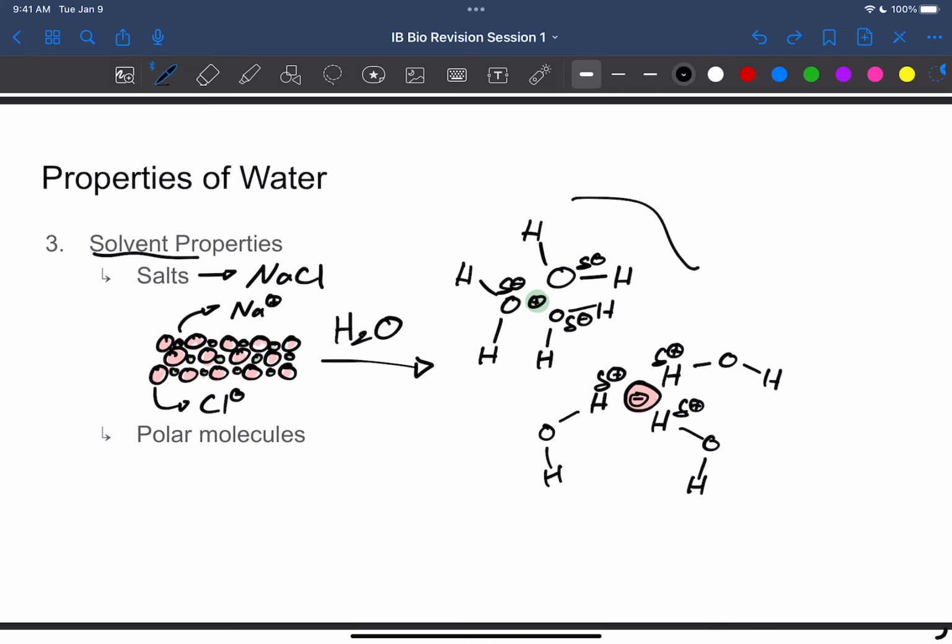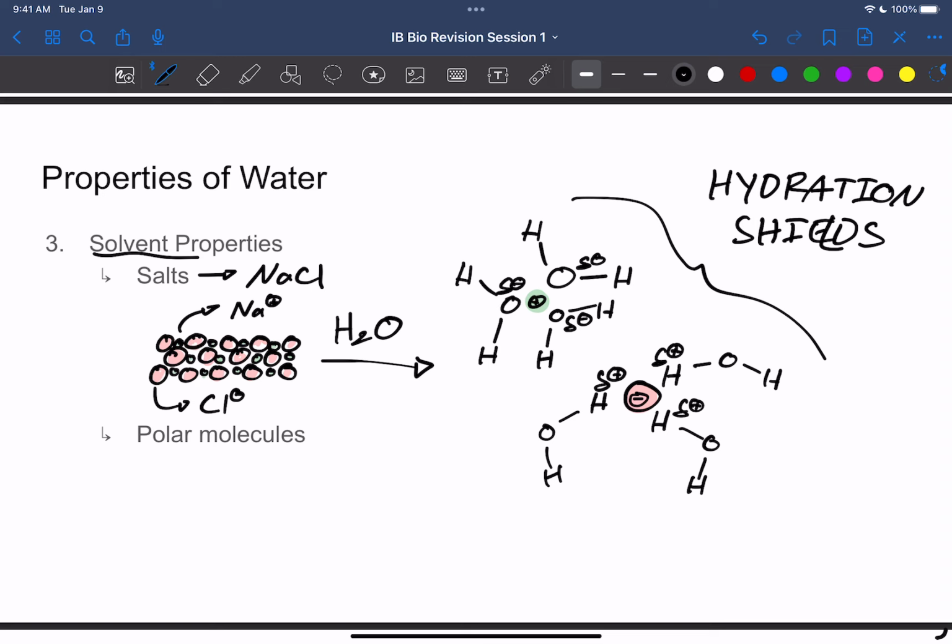There we go. These are called hydration shields. Water likes to surround positive and negative ions in different ways to basically tear them apart from a crystal. And that's how dissolving salt works. And that means it's very soluble. It dissolves very well in water.